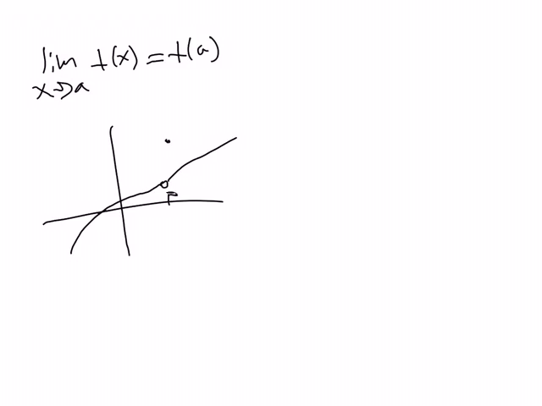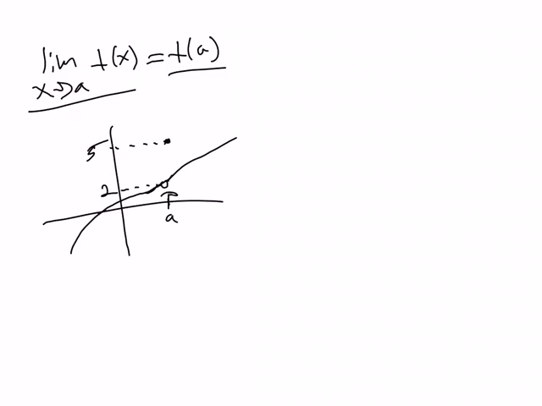This function is not continuous right over here, because the limit as you approach a is going to be some number, let's say 2, but f of a itself is going to be, I don't know, 5. So this function is not continuous.